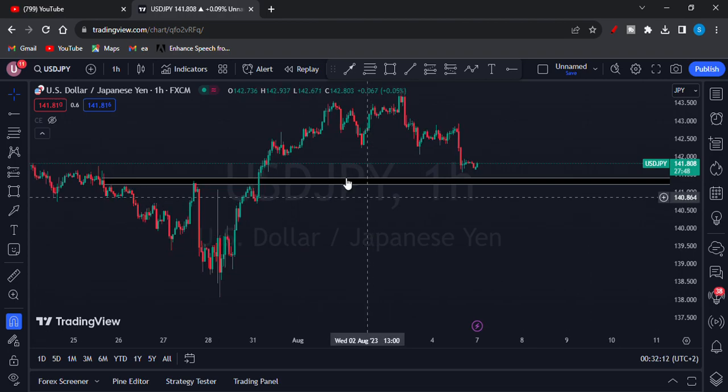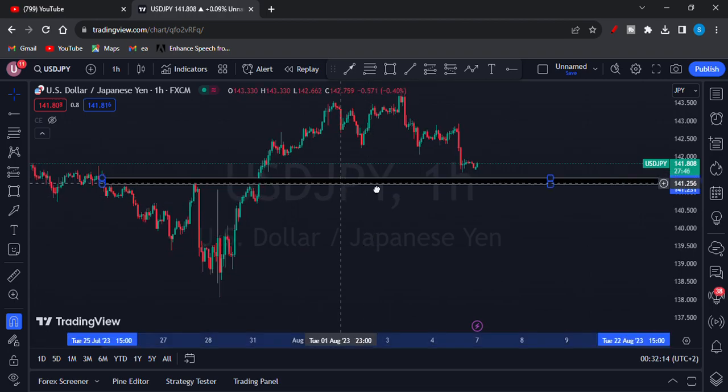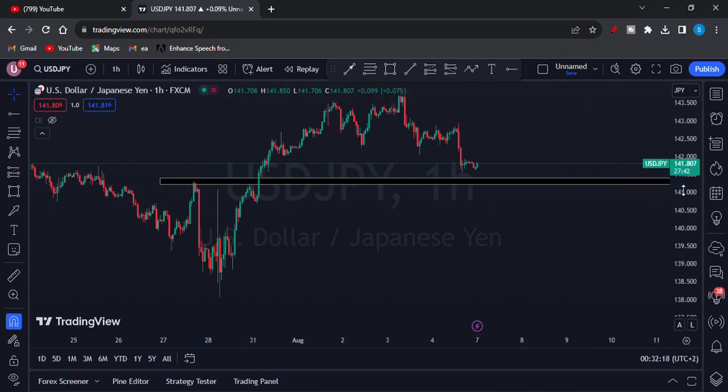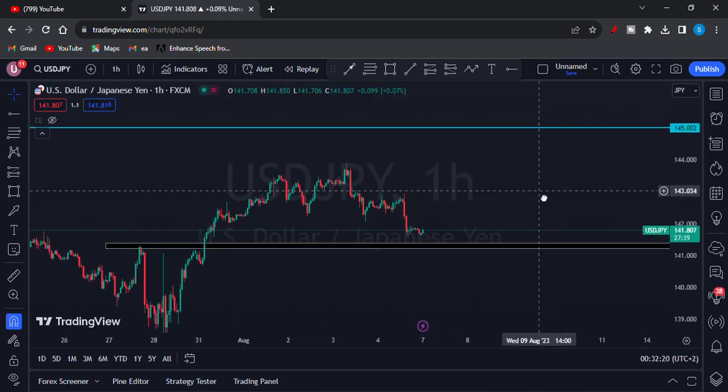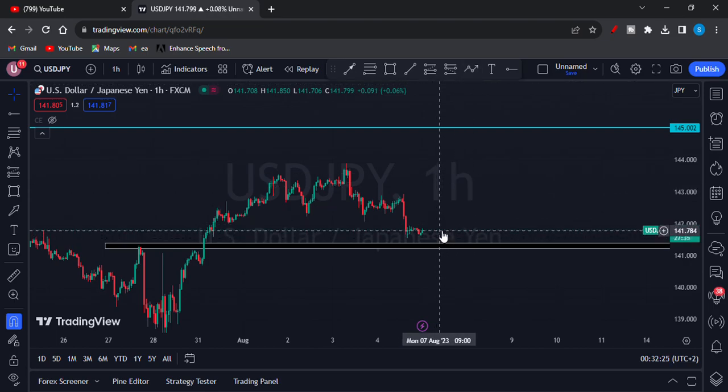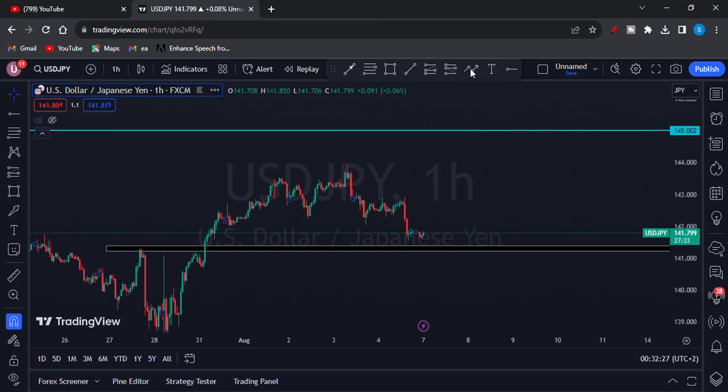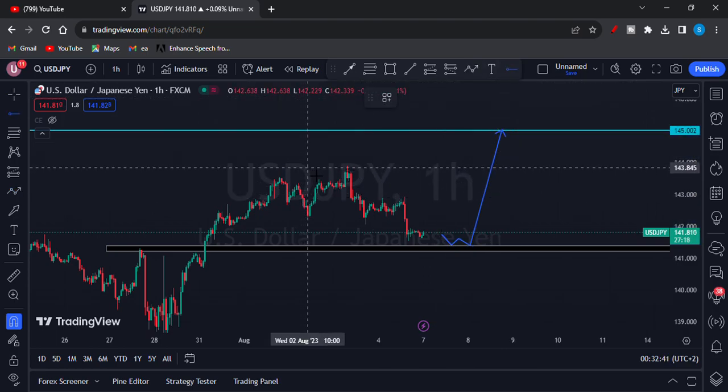Okay, let me fix up my zone. Yeah, right there. So it's possible that this pair can come all the way up to here, maybe even give us a double bottom and then go all the way up to here, or even potentially here.